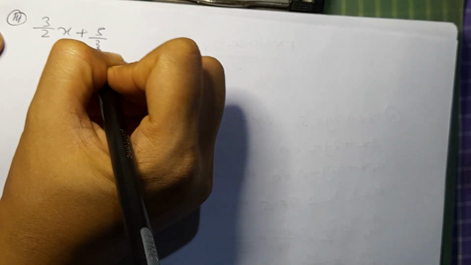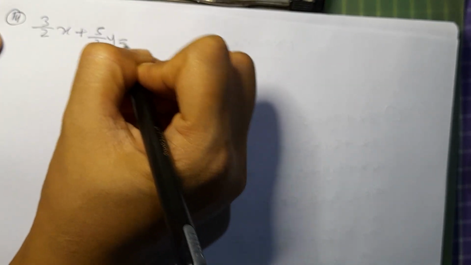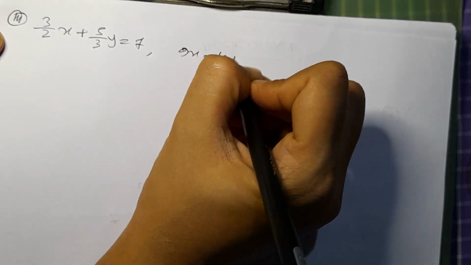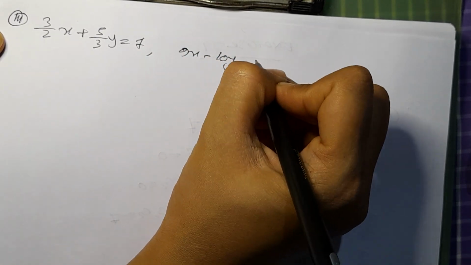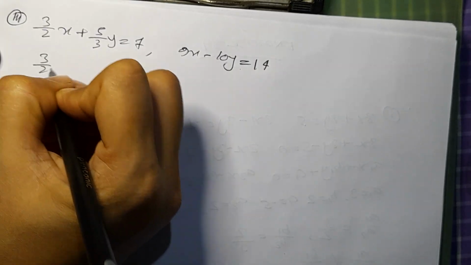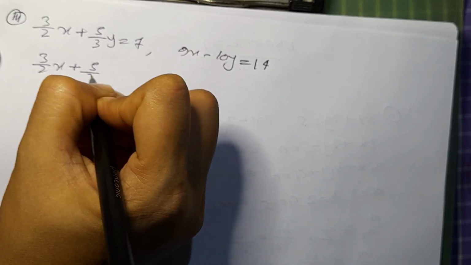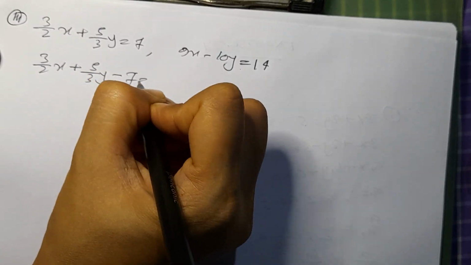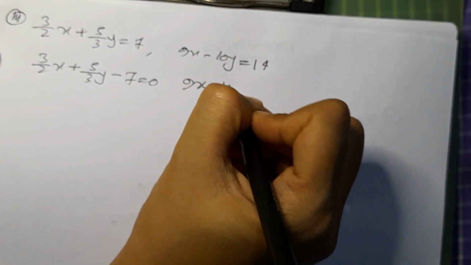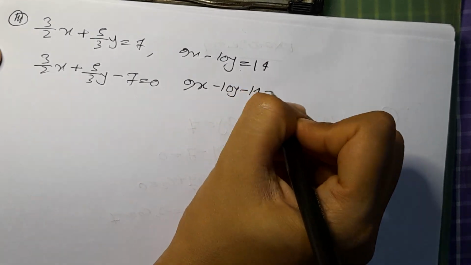The question is 3 by 2 x plus 5 by 3 y equal to 7, and another is 9x minus 10y equal to 14. Bring the 7 this side, so 3 by 2 x plus 5 by 3 y minus 7 equal to 0. Here also bring the 14 this side: 9x minus 10y minus 14 equal to 0.